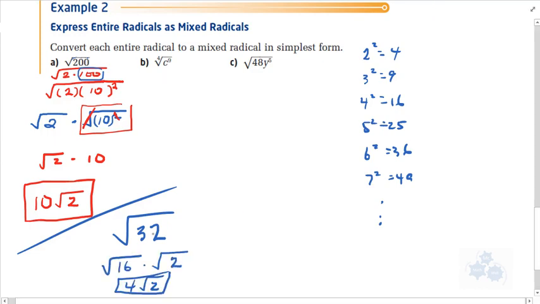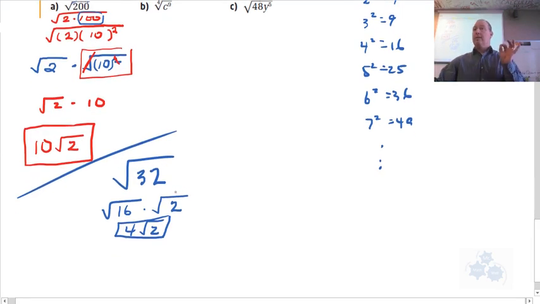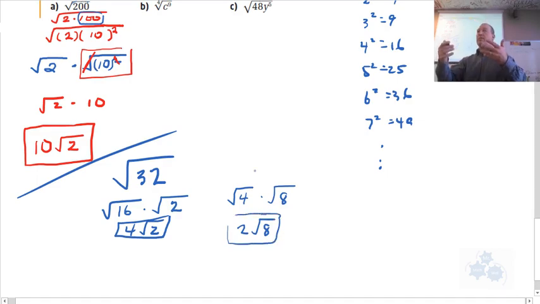Here's your answer to square root of 32. In order to simplify this the quickest, you're going to want to choose the largest perfect square possible. Now, some of you may have done this. Oh, I know what a perfect square factor is. Root 4 times root 8. 2 root 8. And you might have said, hey, I'm done. Well, the problem is that we have to do another step of simplification here, because there's also a factor of 8 that's a perfect square.